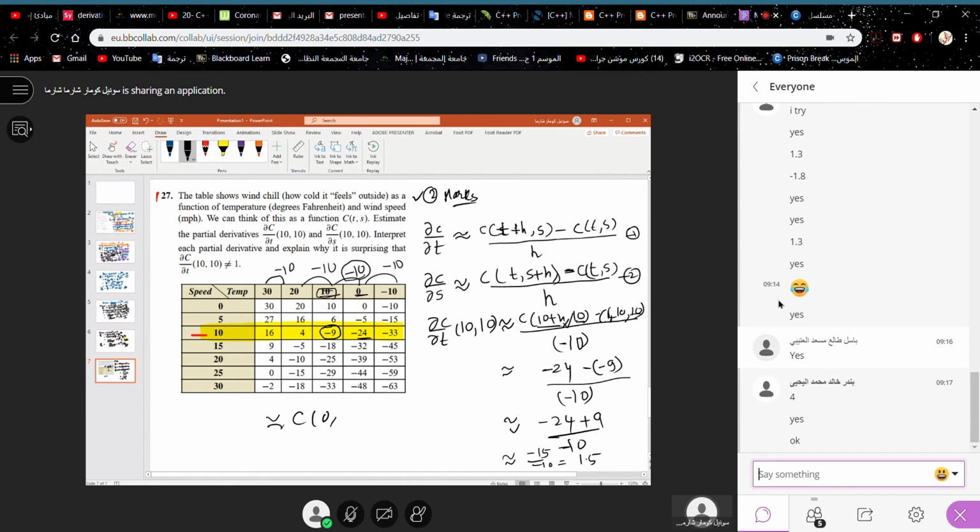C 0 10 minus C 10 10 upon minus 10. C 0 10 is this point. This is your C 0 10. And C 10 10 is this point. So C 0 10 minus 24 plus 9 upon minus 10. So this is how much? Minus 50. Is that clear?